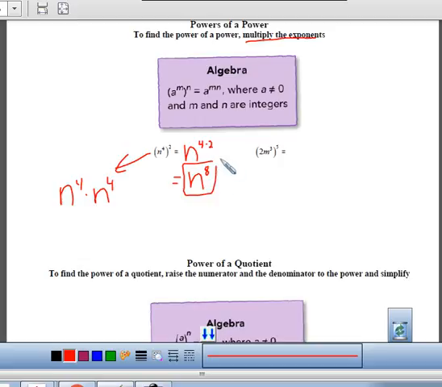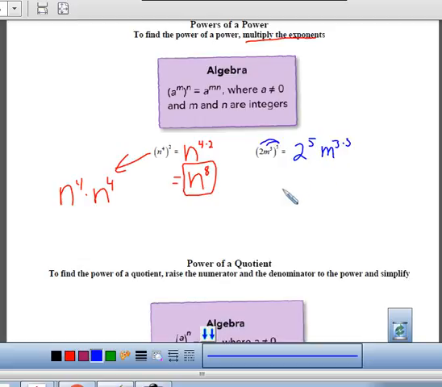Now, we're going to be having multiple strategies going on at the same time, so you've got to really be careful. Remember, when there is a coefficient, that exponent outside the parentheses goes with that and the variable. So I really have 2 to the 5th here, and m to the 3 times 5 power.